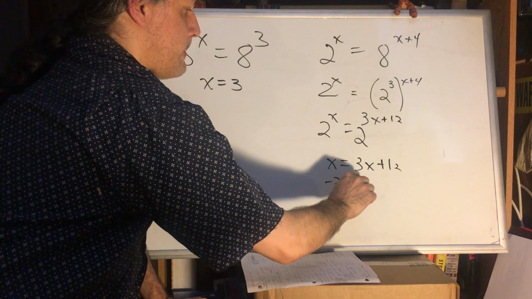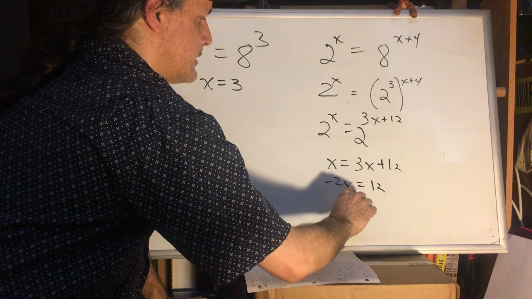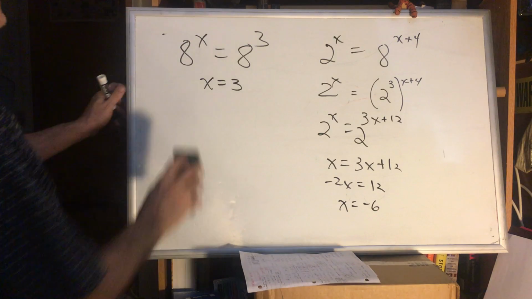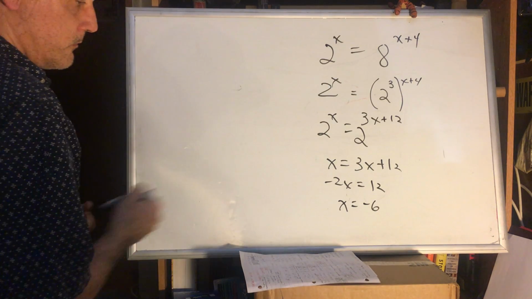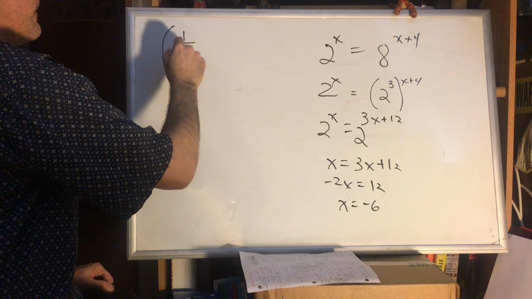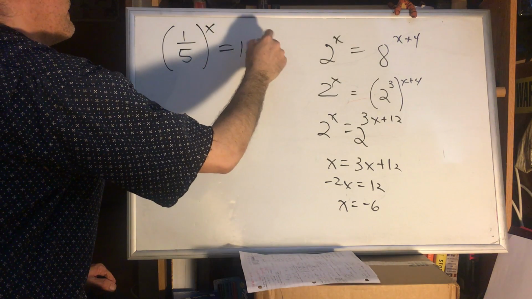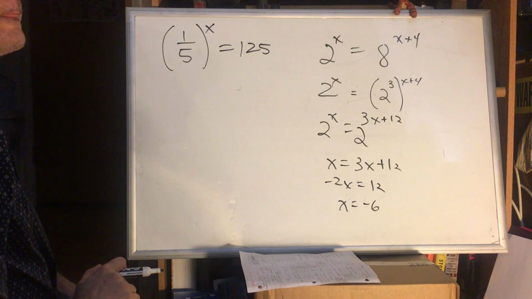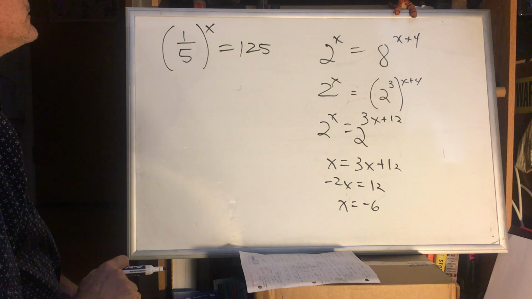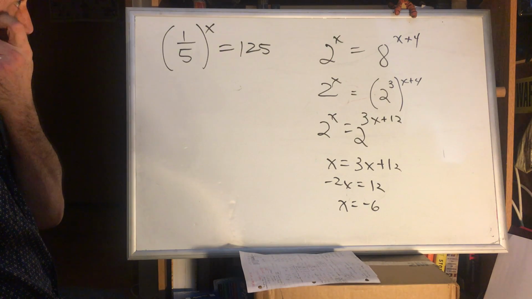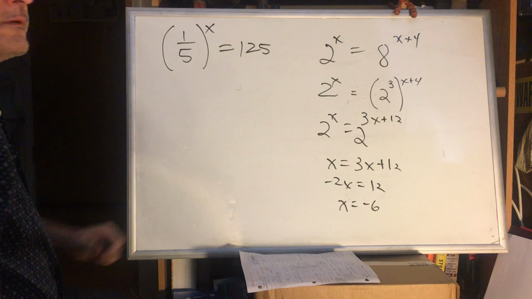So looks like x is -6. All right, well, we've got 2 more. All right. Well, if we're going to solve this, we're going to have to get the bases equal to each other.